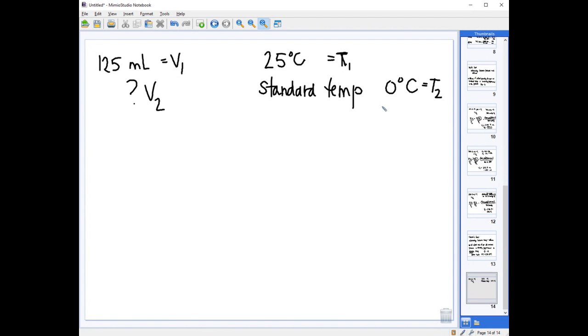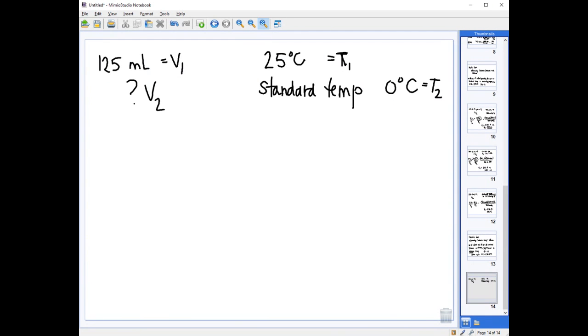If you forget this conversion, on the back of your periodic table you have a little temperature conversion formula, and it's got a whole bunch of different ones.